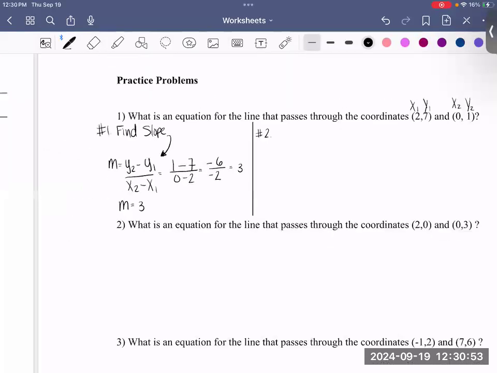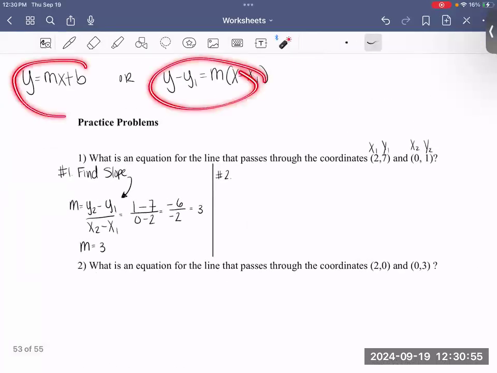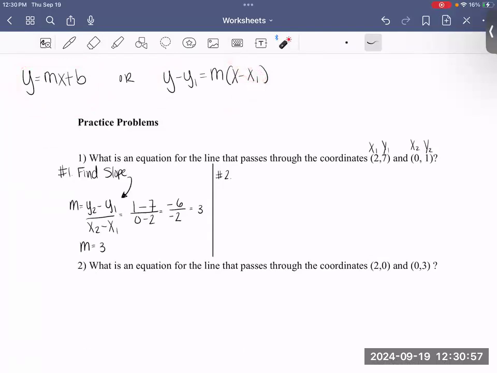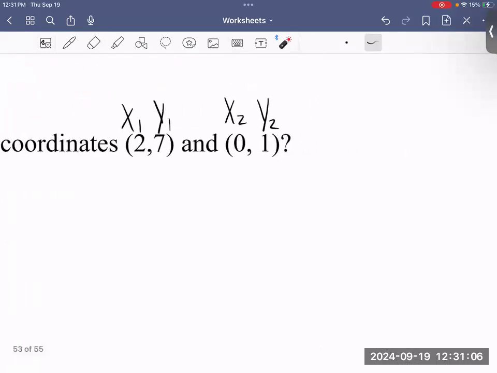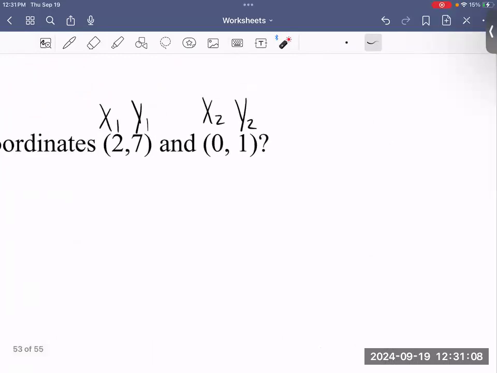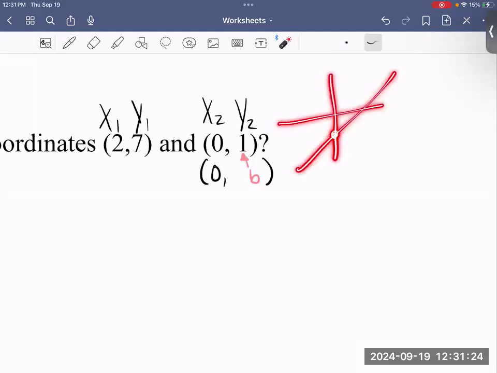Now if they've given us your y-intercept, so b, within one of your points, we can go ahead and make the equation of your line. Noticing that here we have (0, 1), this happens to be your y-intercept. We know it's the y-intercept because that's anytime your graph touches the y-axis.